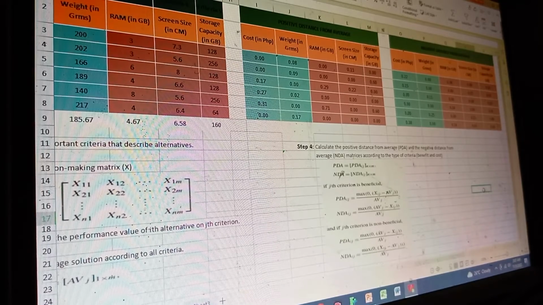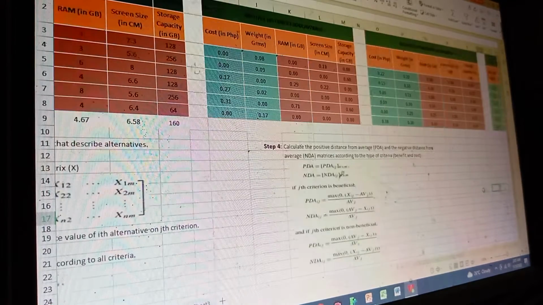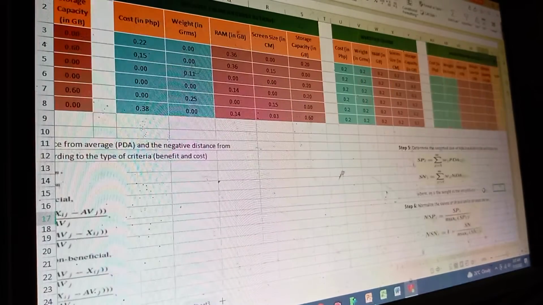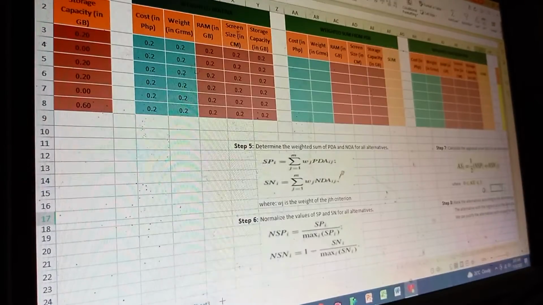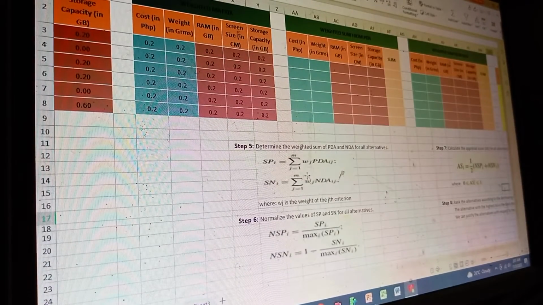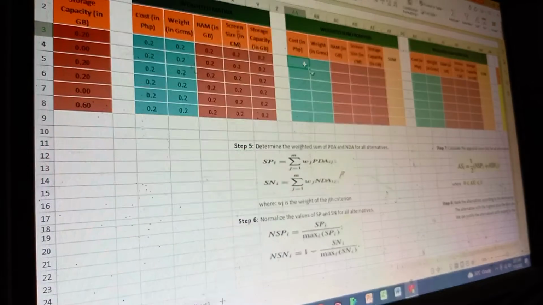Next, we need to calculate the weighted sum from PDA, or the positive distance average. Step 5 is to determine the weighted sum of PDA and NDA using this formula.